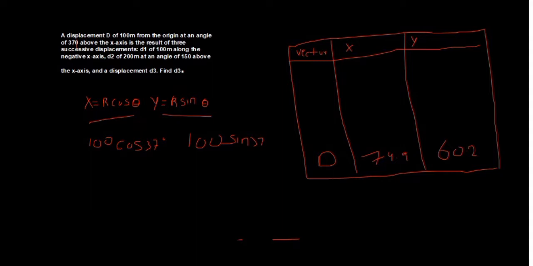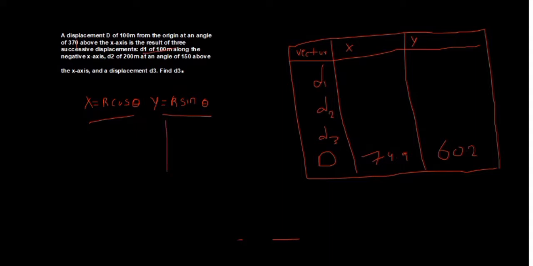We can now resolve the other vectors that were added to get the resultant: d1, d2, and finally d3. So we move to d1. d1 is 100 meters along the negative x-axis.